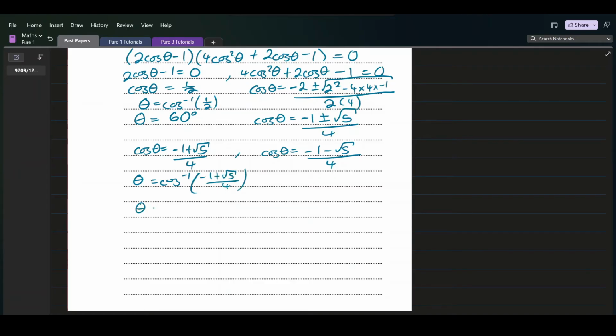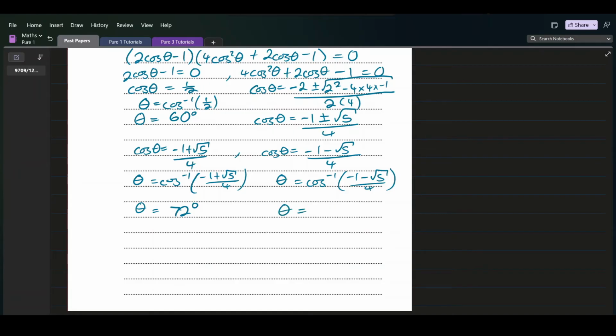And so theta is equal to, this is arc cos of negative 1 plus root 5 over 4. And that gives us exactly 72 degrees. And then we have theta is equal to arc cos of negative 1 minus root 5 over 4.